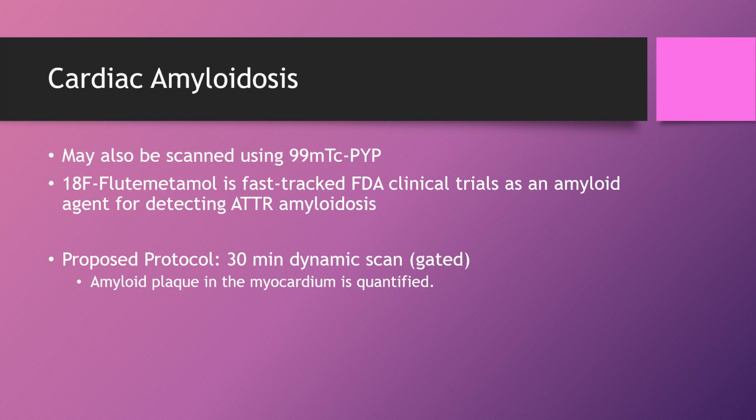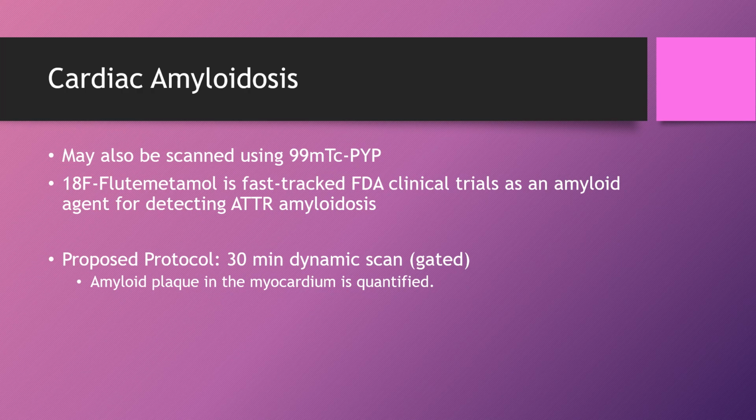Also, F18 flutemetamol is fast-tracked in FDA clinical trials, at the time of this recording, as an amyloid agent for detecting ATTR amyloidosis in the heart. Flutemetamol is one of the beta amyloid agents used for Alzheimer's imaging, and it does readily accumulate in places where there's amyloid plaque buildup.